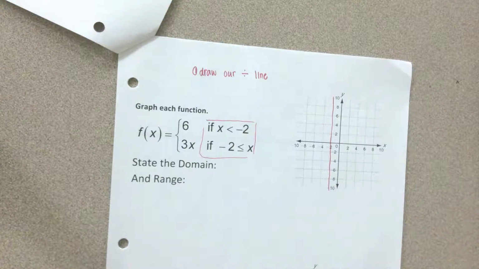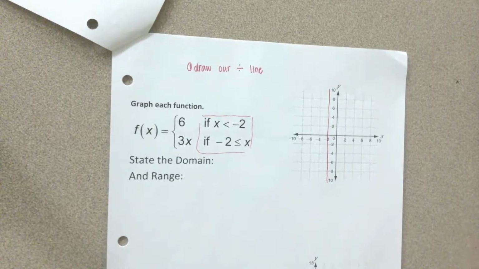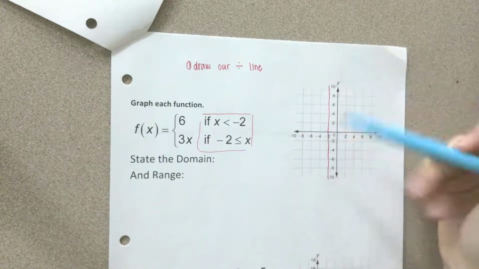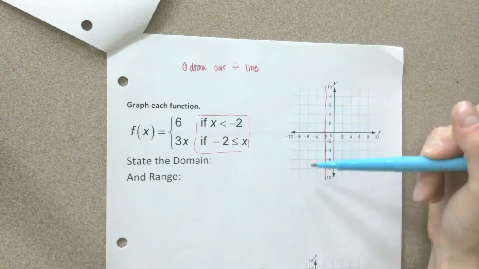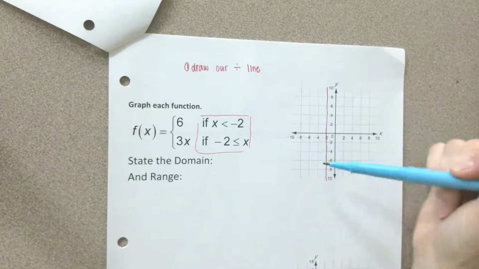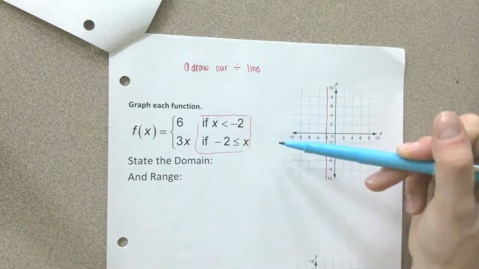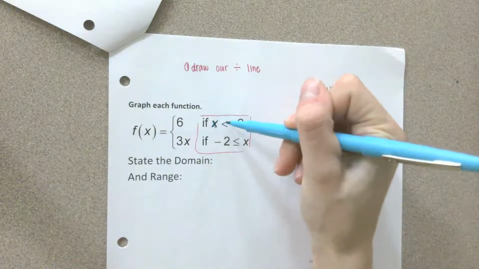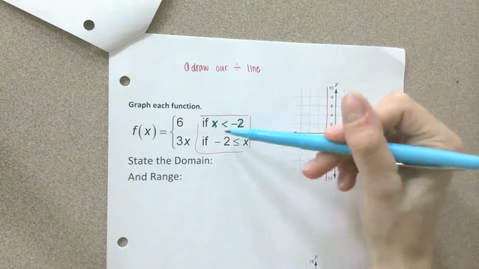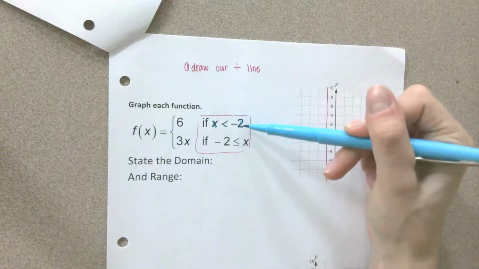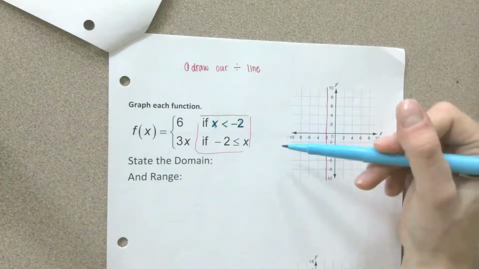Therefore, our divide line is going to be at -2. Then we want to see what is going on the left-hand side of our divide line. Okay, so this side over here. And how we're going to figure that out is we're going to say, okay, going left means we're getting more negative, we're getting smaller. Okay, x is less than -2 here. So that is the line that we're going to be using on the left-hand side because it includes those left-hand values.